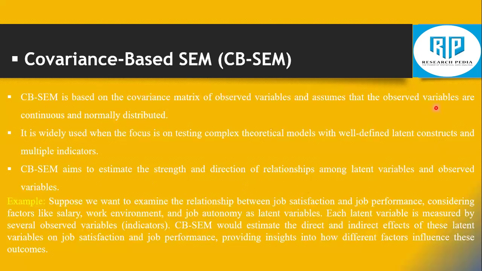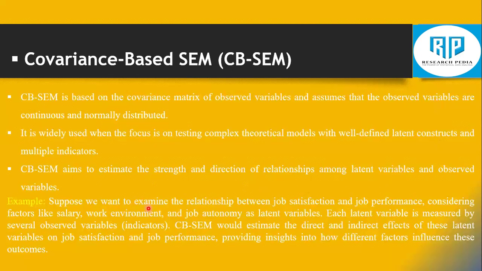Observed variables are directly measured with some statements, indications, or scales, while latent variables are not directly measured with statements or indicators. They are basically measured from observed variables.